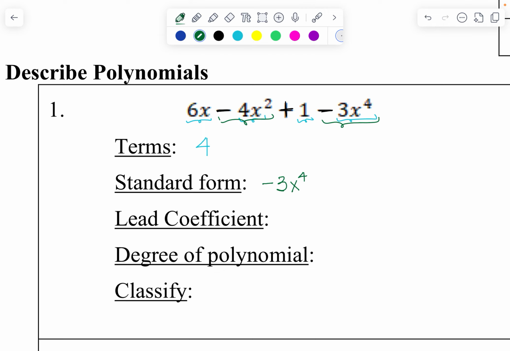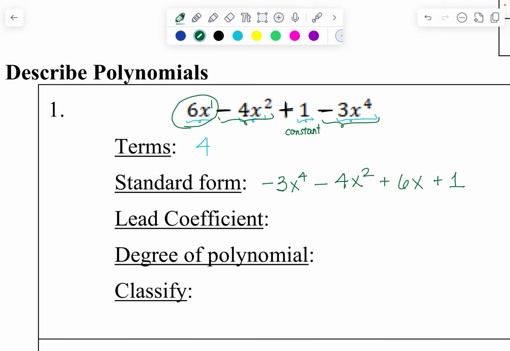Then we've got a negative 4x squared, so minus 4x squared. And then we've got x to the first power here, and that's a positive 6x. And then we've got our constant. There's no variable on it, so it's a constant, plus 1.